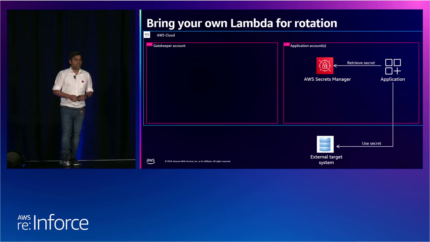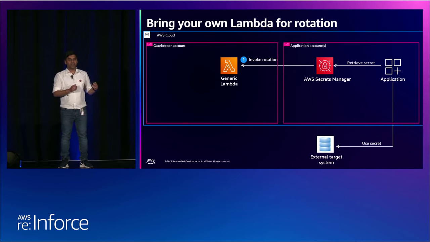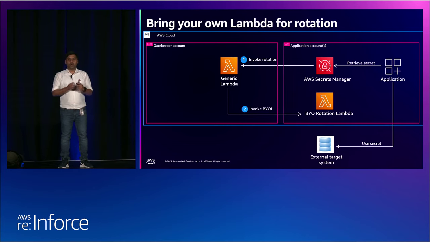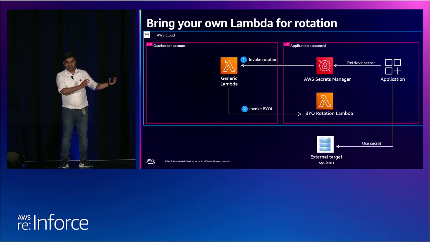In this scenario, what we can do is, again, our rotation engine for Secrets Manager can call into a generic Lambda function that you can deploy in the central account, and have your application teams actually build their own, bring your own Lambda, which they can deploy in the local account. And being deployed in the local account, this can actually access the secret from Secrets Manager and carry out rotation on your behalf.